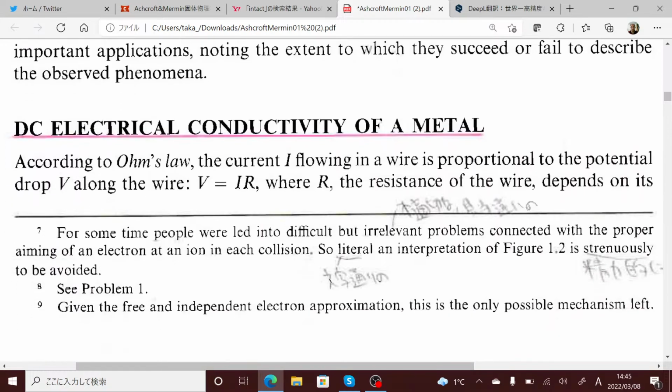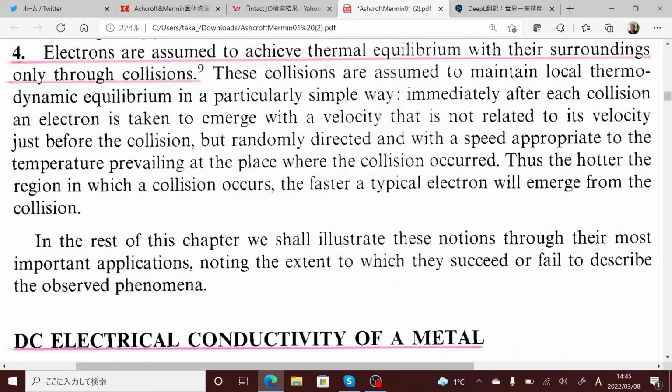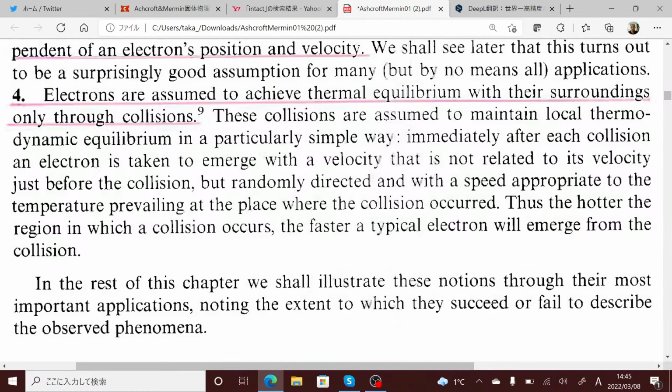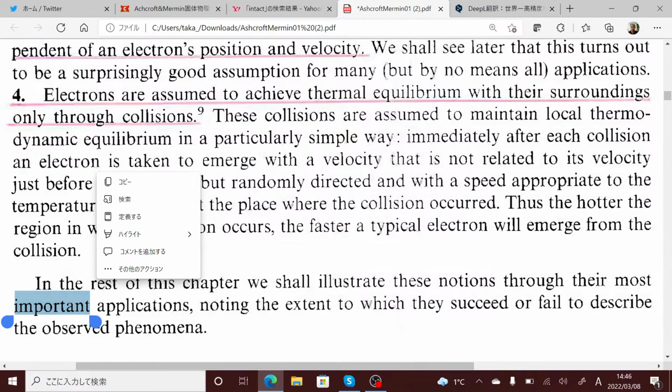Number 9. Given the free and independent electron approximation, this is the only possible mechanism left. Electrons are assumed to achieve thermal equilibrium with their surroundings only through collisions.